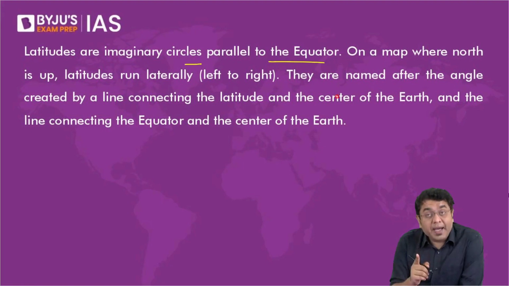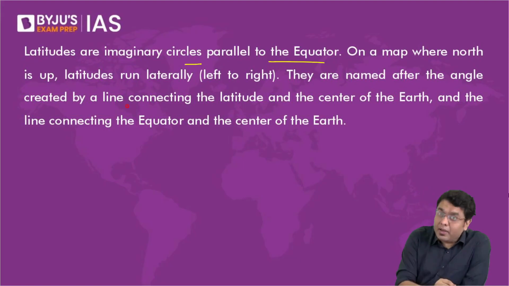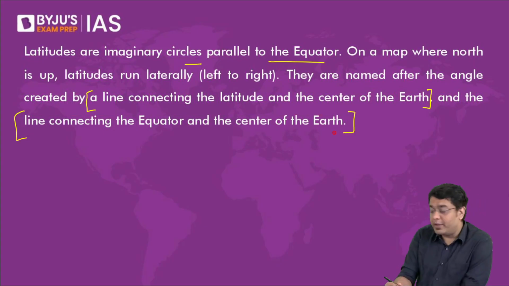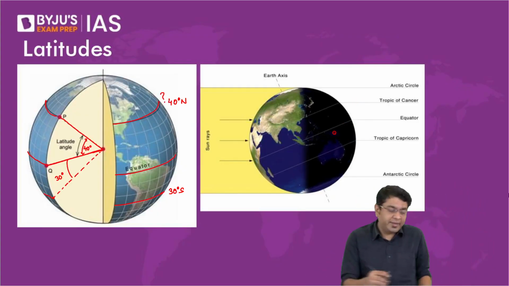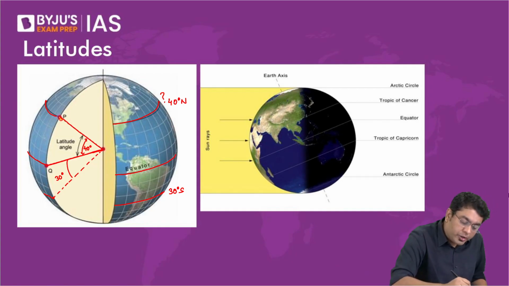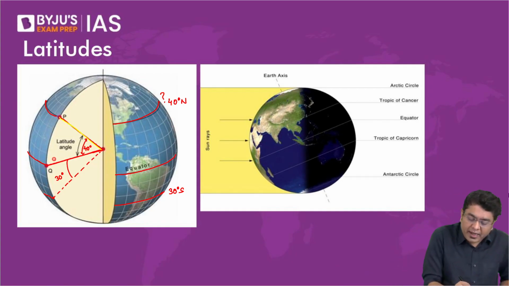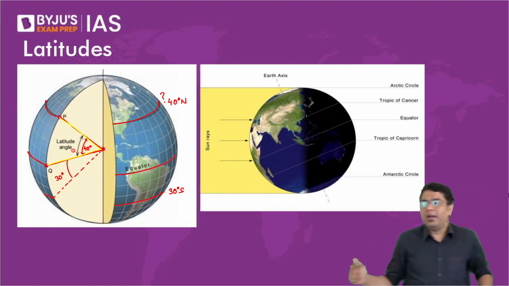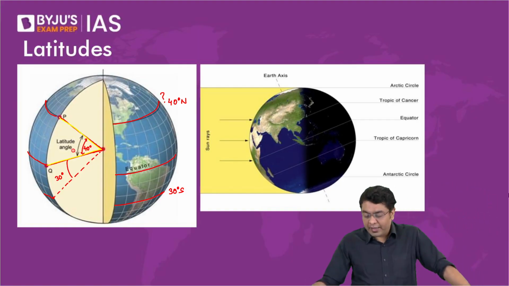They are named after the angle created by a line connecting the latitude and the center of the earth, and the line connecting the equator and the center of the earth. So measure that angle, and you get the angle of the latitude.